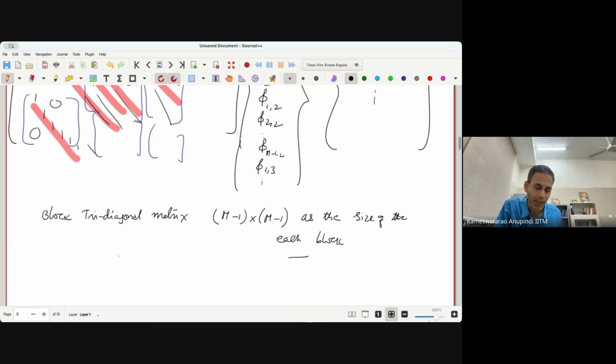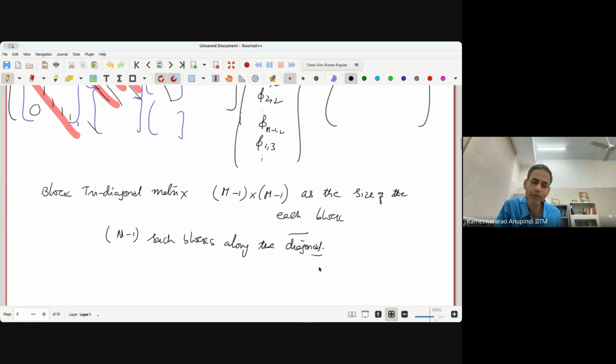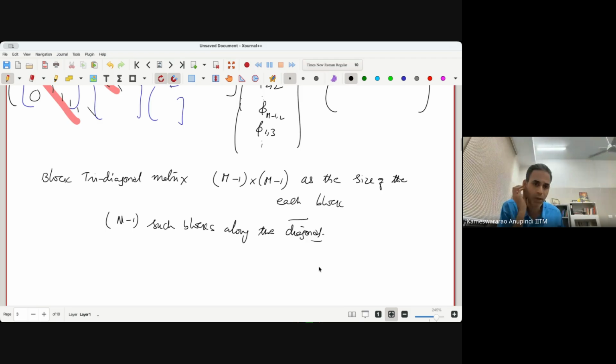And then there are n-1 such blocks along the diagonal. Okay. That means together you have (m-1) by (n-1) points, so the size of the matrix is going to be (m-1) times (n-1) whole square, right?